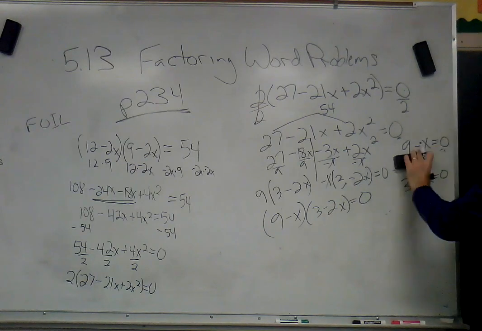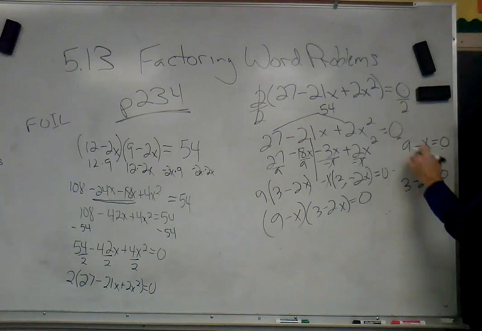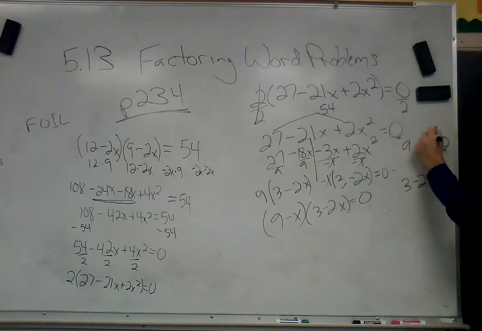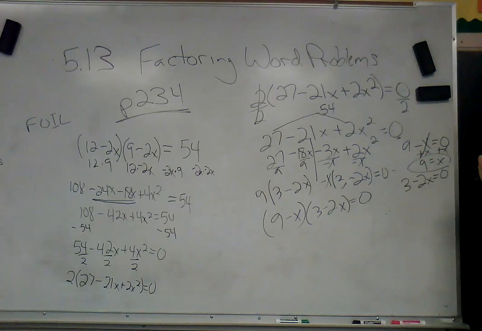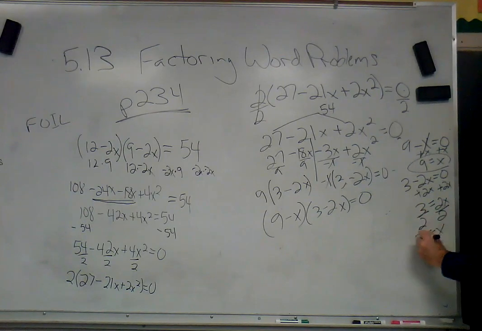I'm going to show you a different way on this one. X is negative, so let's move it across. That goes away, x equals 9. Okay. Same thing here, x is negative, let's move it across. So 2x equals 3. So x equals 3 halves.